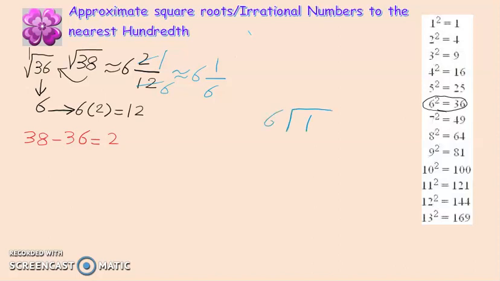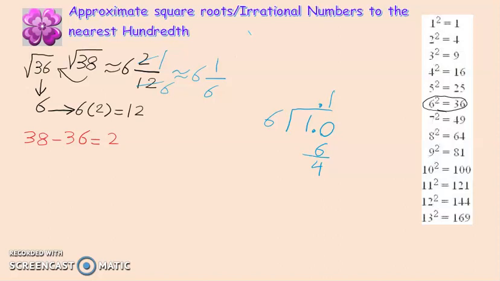1 divided by 6. Okay, let's do this long division. How many 6 go into 1? Nothing. You need the decimal point and a 0 after the decimal point. Now you have 10. How many 6 go into 10? Just once. 1 times 6 is 6. Subtract, it is 4. How many 6 go into 4?